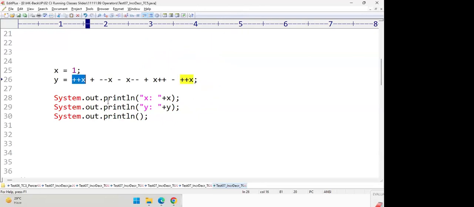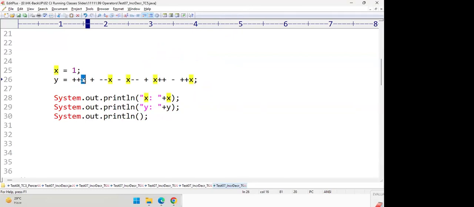Plus plus x means increase, read, substitute. Minus minus x means decrease, read, substitute. X minus minus means read, substitute, decrease. Whoever is first does the work. Plus plus: who is there first? Plus plus means increase, then x means read.